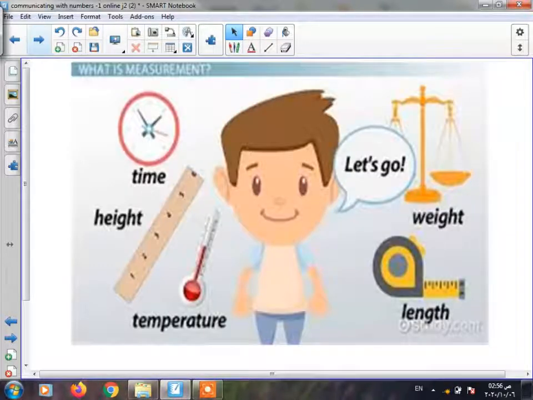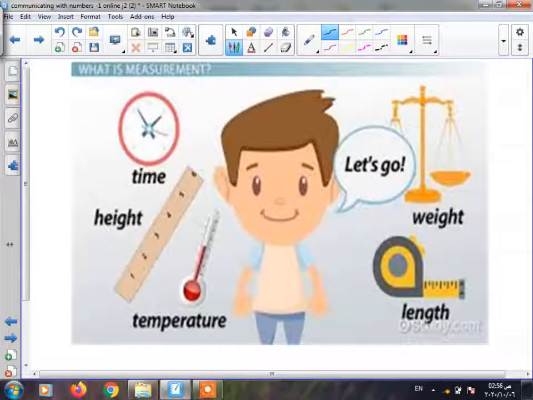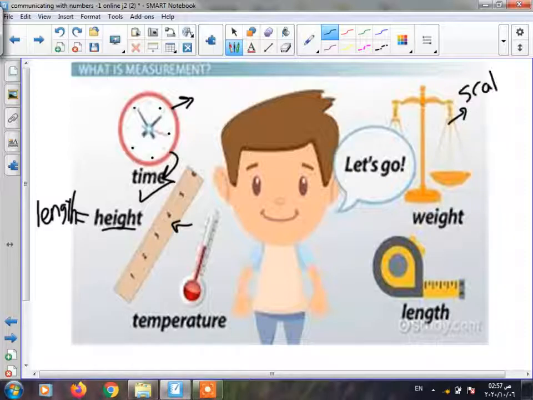Here is a summary for our lesson for today. Here is a clock, it has numbers, and numbers give me information about time. Here is a ruler, it gives me information about height or length. And here is a scale, another type of scale, that gives me information about weight. Excellent.